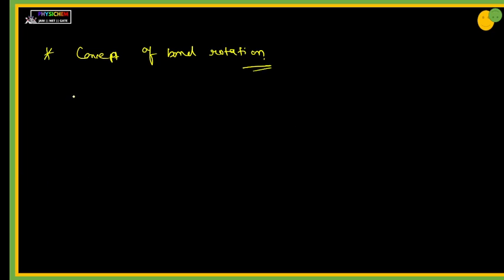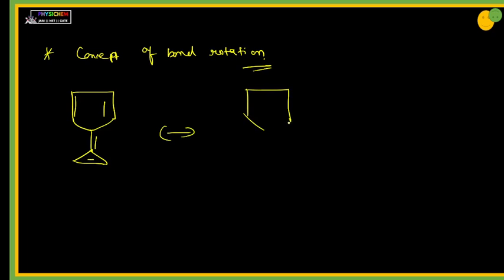So let's take a very simple example. This compound, we have already taken in the last slide. So this will come like this, both become aromatic, okay. If we do this, both become aromatic.